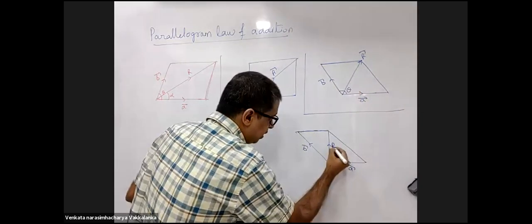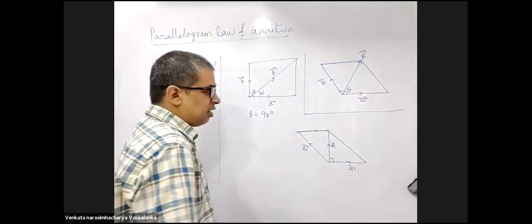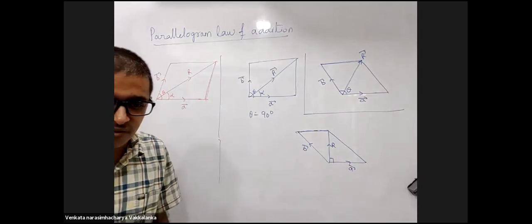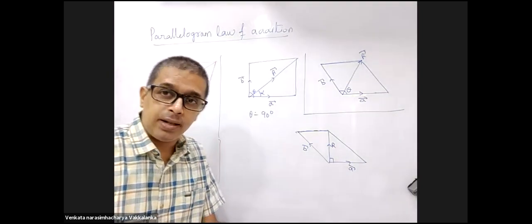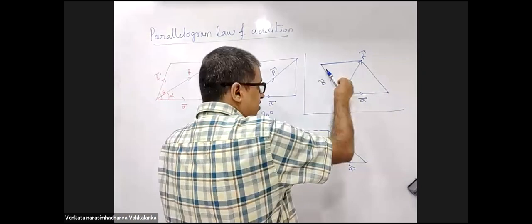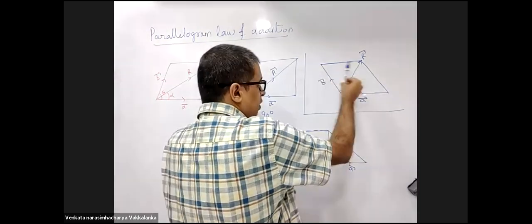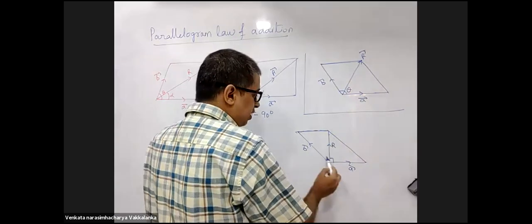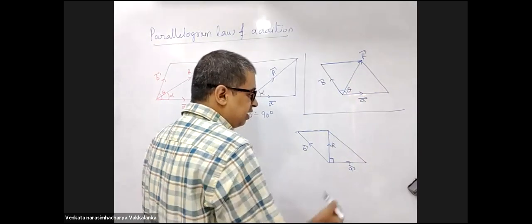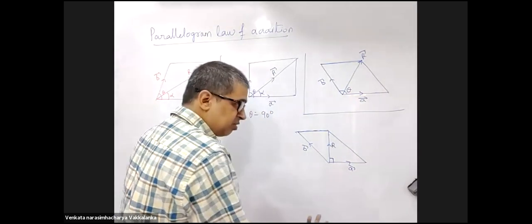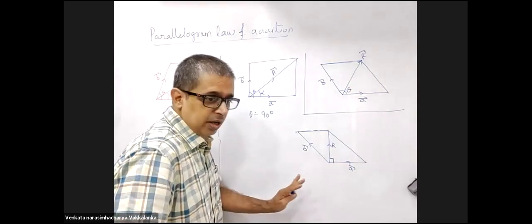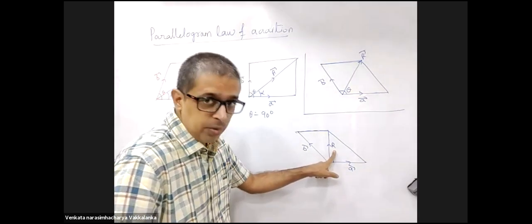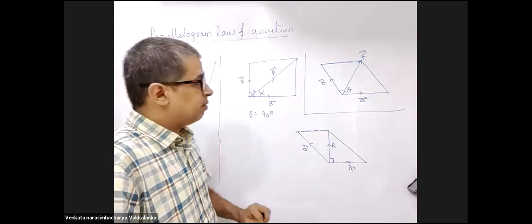Now he is telling you the resultant makes an angle of 90 degrees with the first vector. Possible, as simple as that. Are you able to visualize this situation?